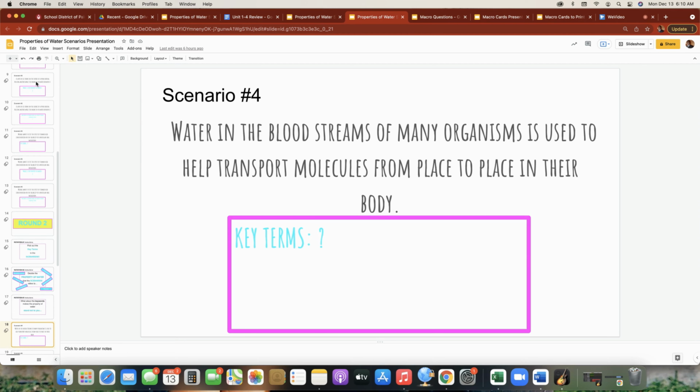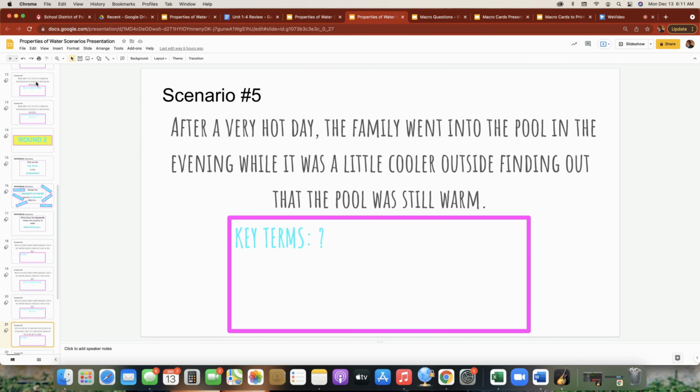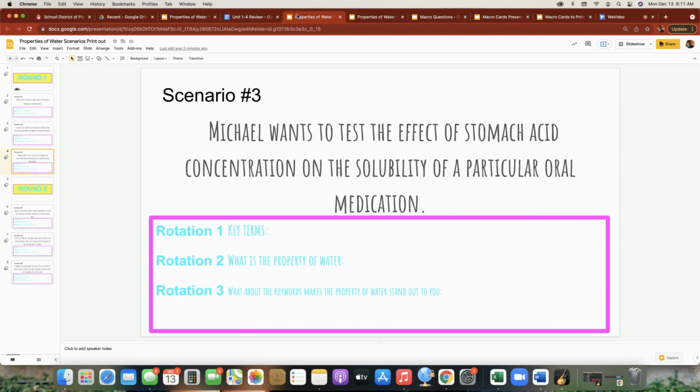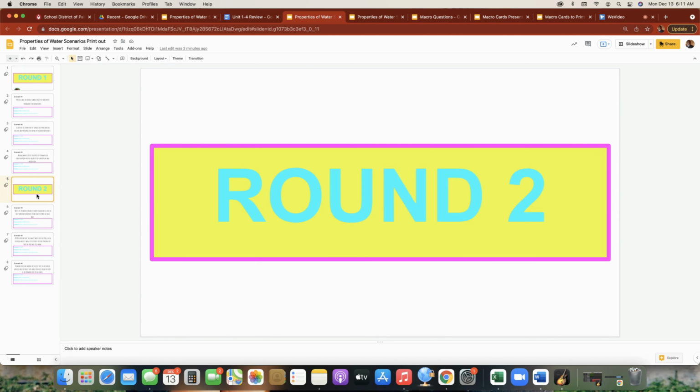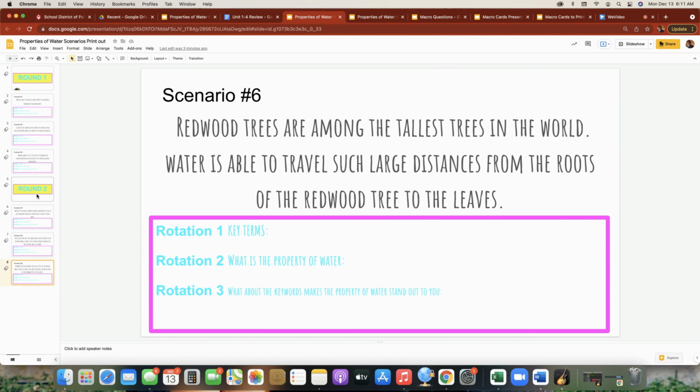So you would give them scenario 4, scenario 5, and scenario 6, and they would do the same thing here. Here is scenario 4, scenario 5, scenario 6, and then we would review the same way. And we would wrap up class by doing questions, and I will make sure that you have the link for the questions that the students will do.